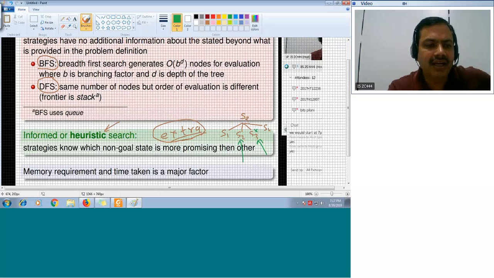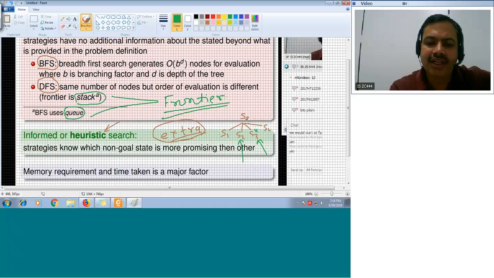DFS says you put all these things into a stack, whatever states come to you while exploring one by one. BFS says you put all these things one by one into a queue. Initially from X you get all these states, you put them into the stack or queue, and after that you pick things from the stack or queue. The general name for all these is a frontier.